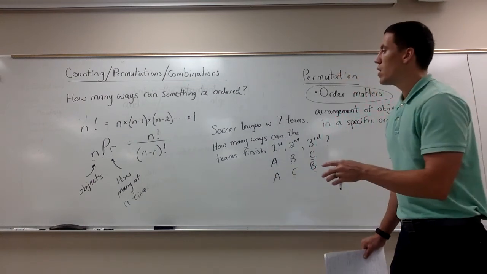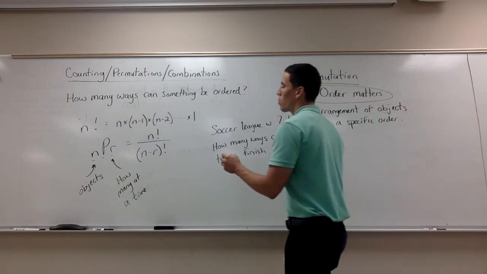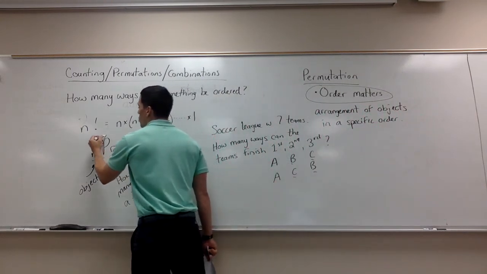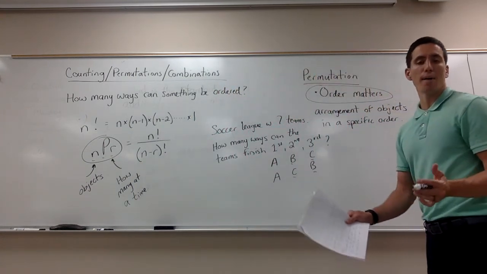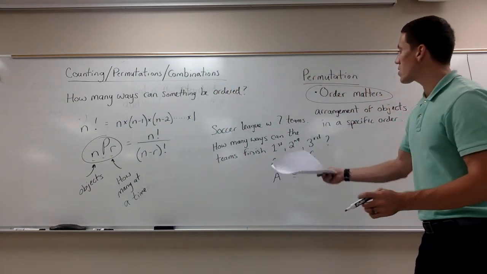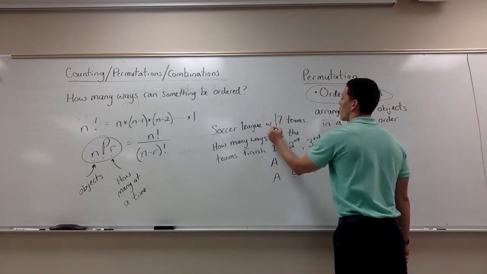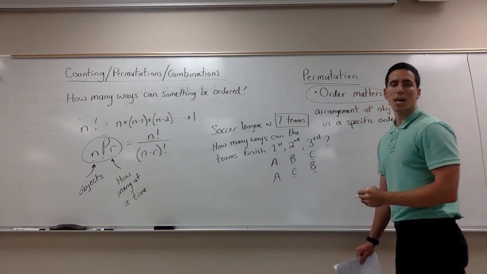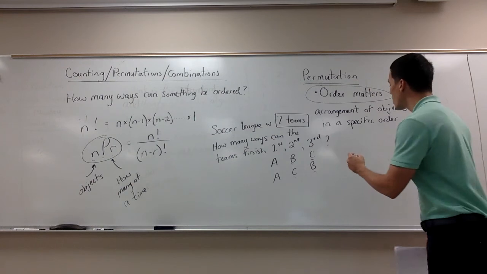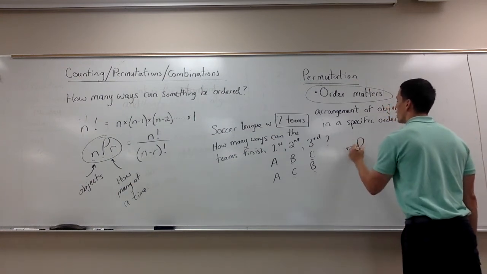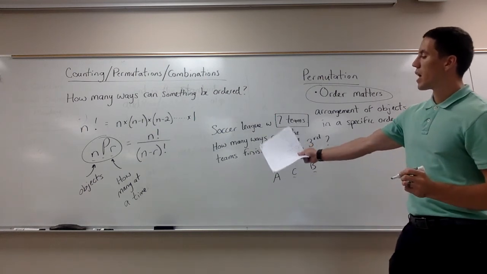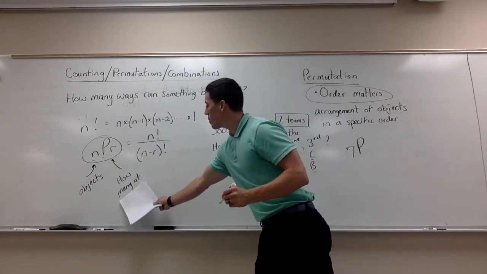Now, from there, it's pretty self-explanatory what we need to do next. According to our definition of a permutation, we need to start with the number of total objects that we're dealing with. In this case, our objects are the number of teams in the soccer league. So we have 7 soccer teams, and what we're looking for is 7 soccer teams chosen how many at a time.